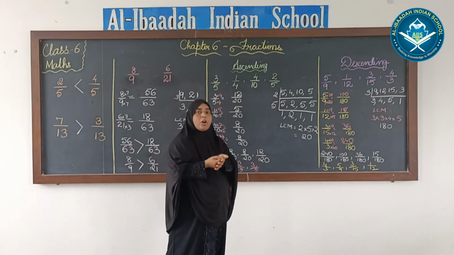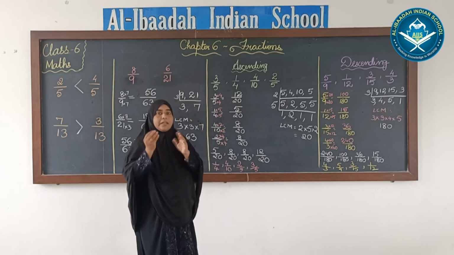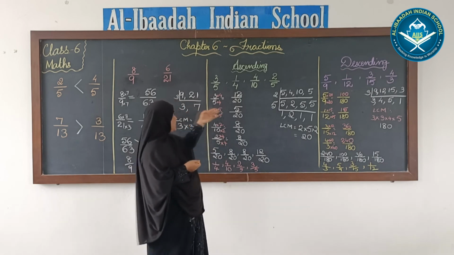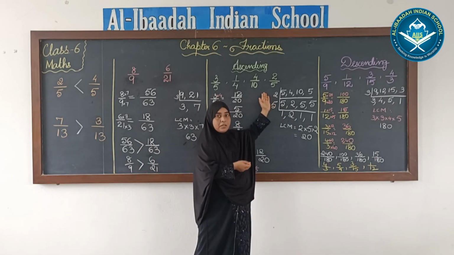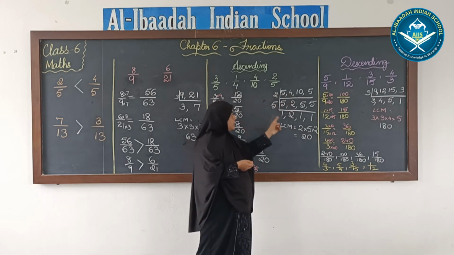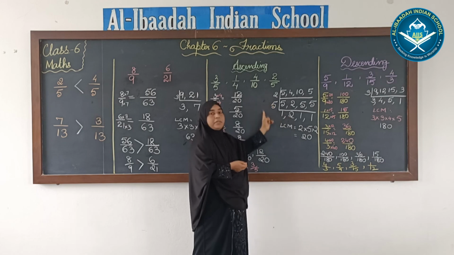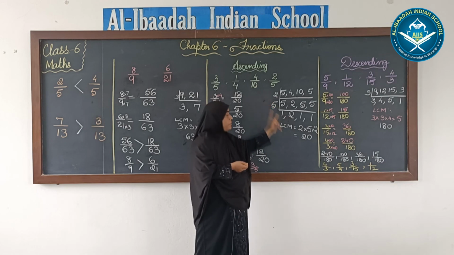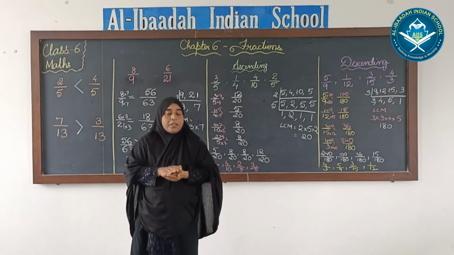If we do not have a common factor, then we will multiply all the denominators and we will get the LCM. But in all these examples, there was a common factor. So we used the common factor and we divided wherever it was possible. And at the end, whatever is left, that number also we have to multiply with the common factor and find the LCM. Okay. I hope you have understood.